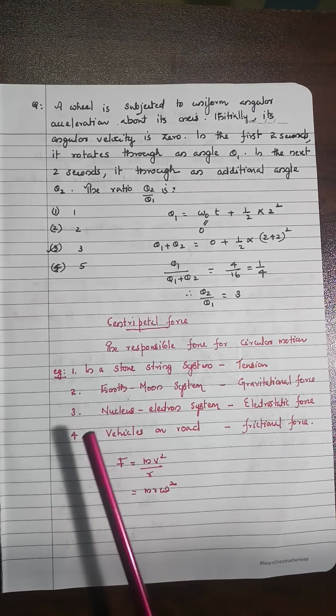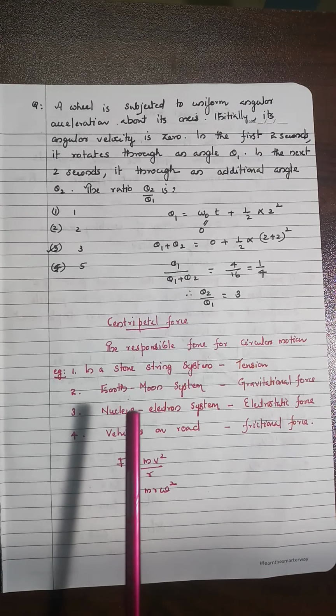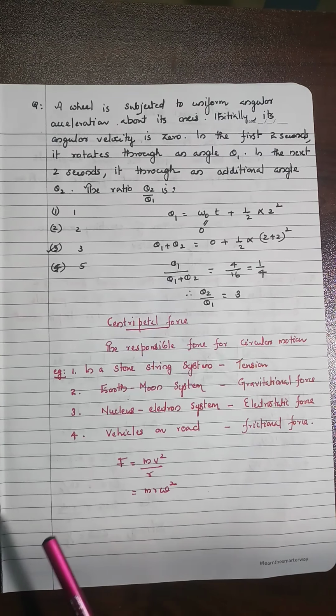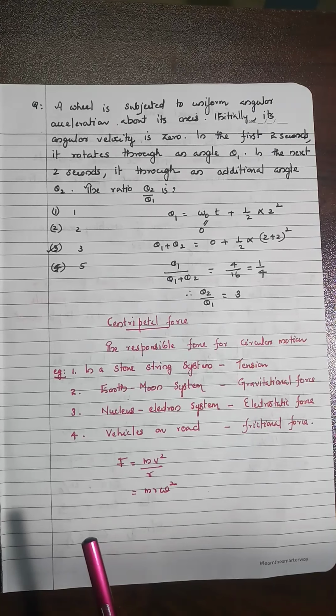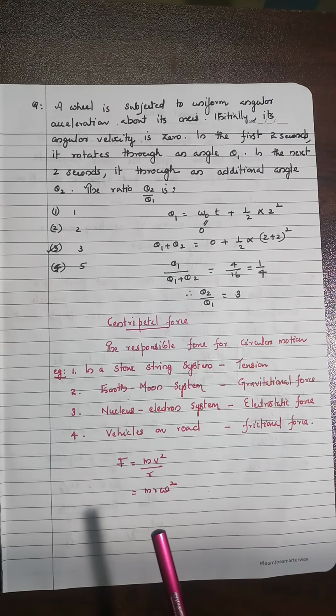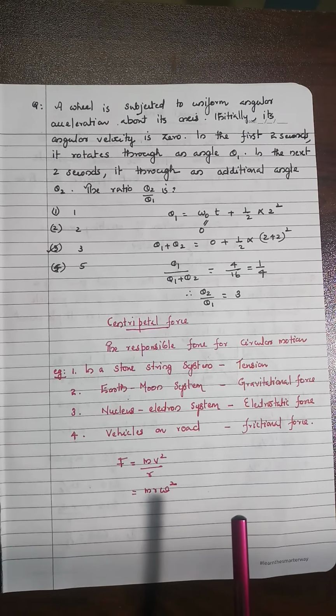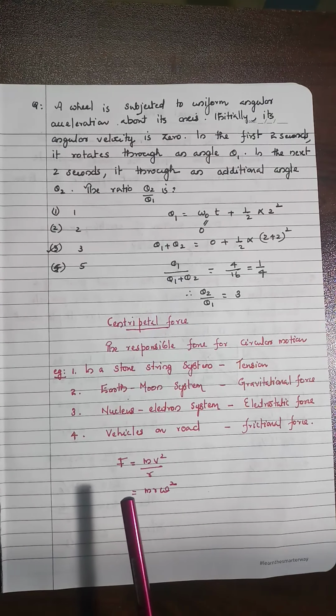Then we move on to some higher order concepts, the centripetal force, the force responsible for circular motion. In a uniform circular motion, keep in mind there is only one force acting, and that is the centripetal force. We can go through some examples.